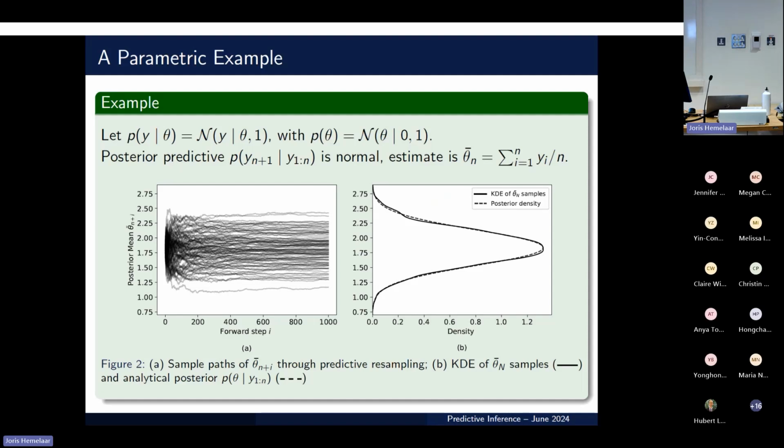And then we played this game. We said, right, now we're going to make the Bayes model make a prediction. We take the predictive point, we generate a new datum, we put that back and we update as if it was real data, and we keep going. What we're seeing here is the sample paths of the means, the averages.